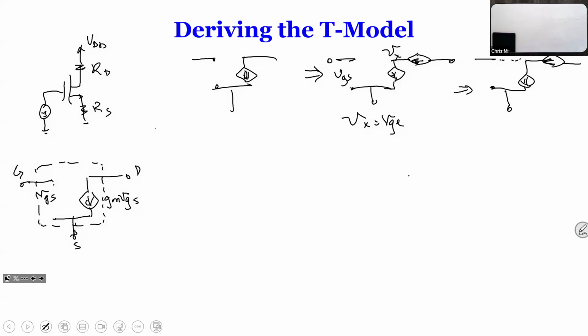Both are gm times VGS. It's the same current source. So now what we have done is we connected the gate to some artificial point that we created.